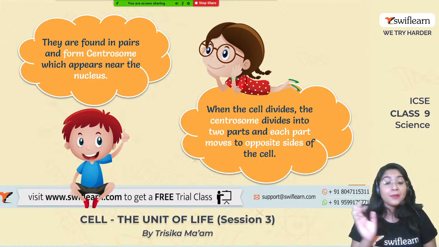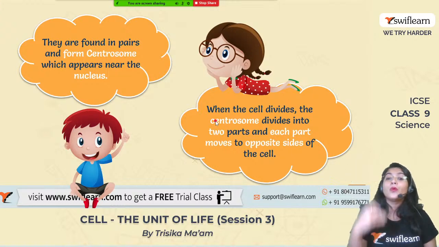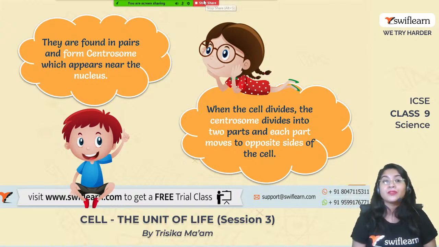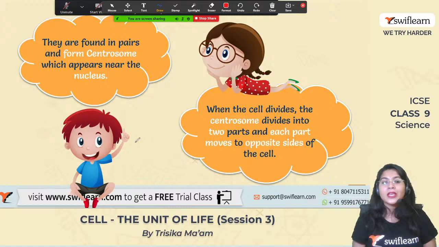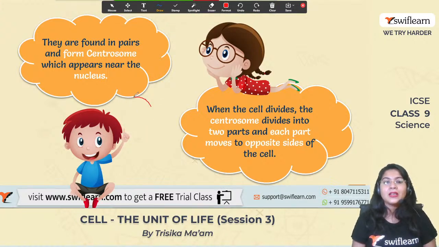But what happened during the cell division? When the cell starts dividing, they move towards the two opposite poles of the cell. So let me show you again with the diagram. Let it be the normal cell. This is the nucleus and the centrosome present nearby the nucleus like this.